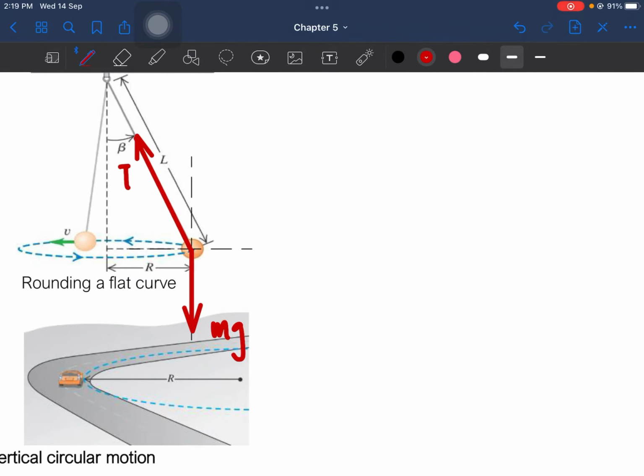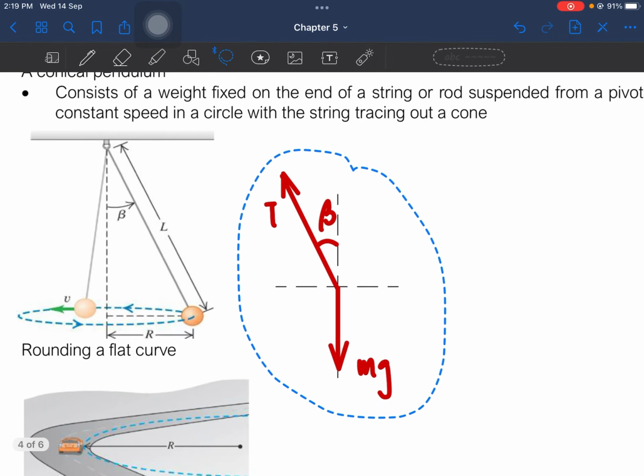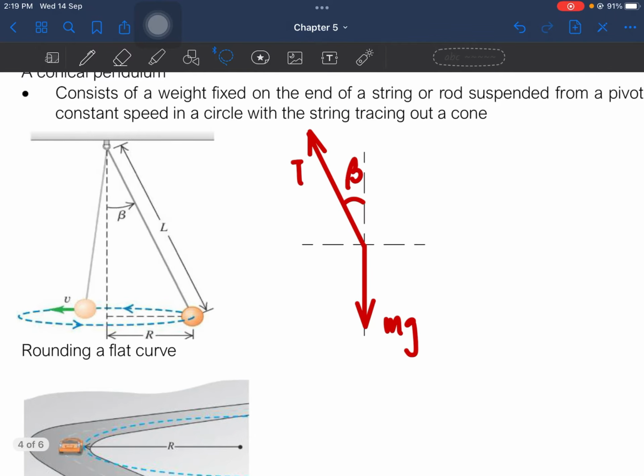Then this is your tension, and your angle is here. This is beta. When you draw it, make sure you draw it correctly. Right, so that is your free body diagram.